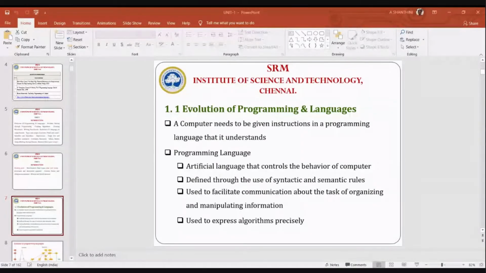Errors are also much reduced, and computational time has been reduced, and we can do more and more calculations using programming rather than doing it with normal manual work.